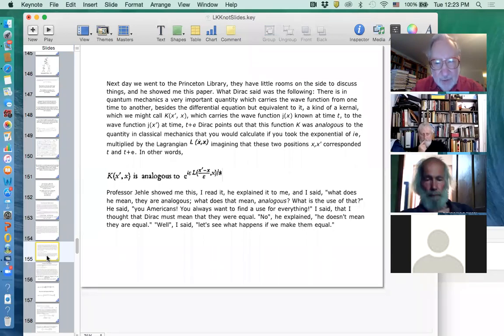Dirac points out that this function K was analogous to the quantity in classical physics that you could calculate if you took the exponential of i times the Lagrangian, imagining these two positions corresponded to time and time plus epsilon, times epsilon. So K(x', x) is analogous to e to the i epsilon Lagrangian of the difference between the two position points divided by epsilon, that's a discrete derivative, comma x, divided by h bar.